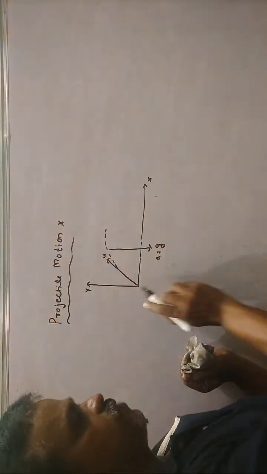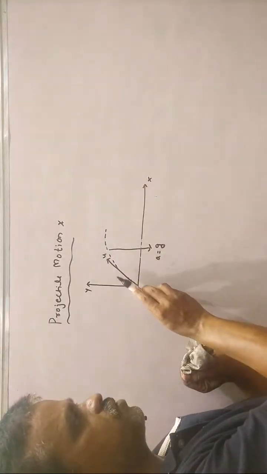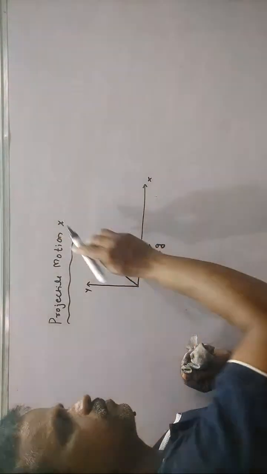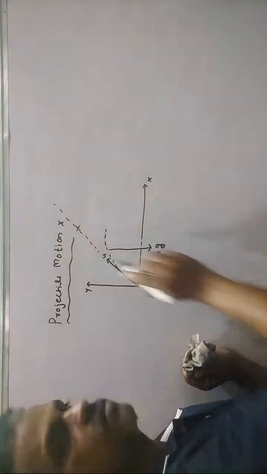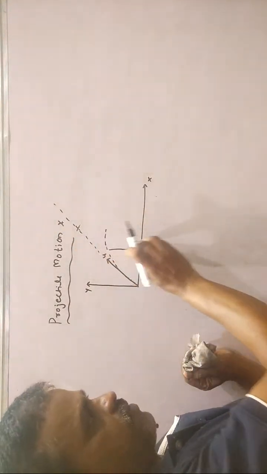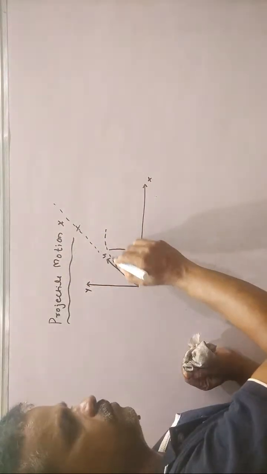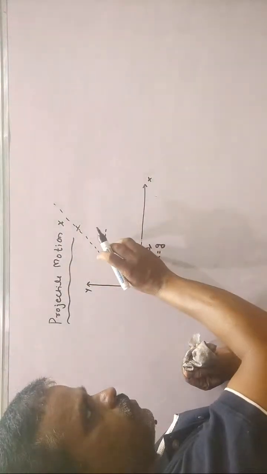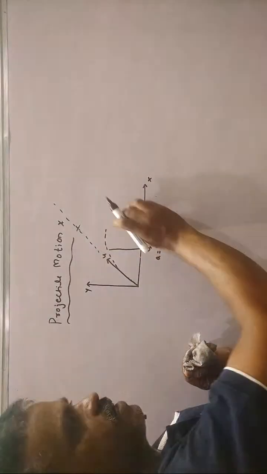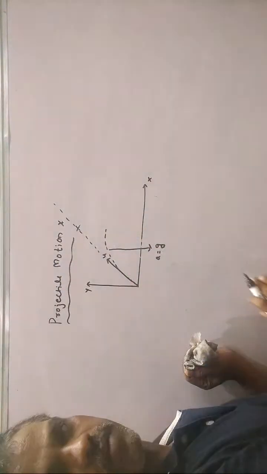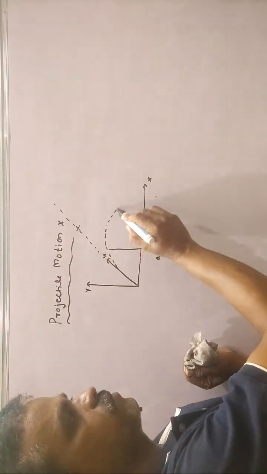So when we project with initial velocity u, it has to move like this actually, but it is not moving like this. The gravitational force acts on that body. It will change the direction of the projected body. So like this it will change.